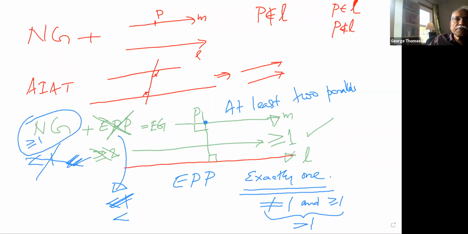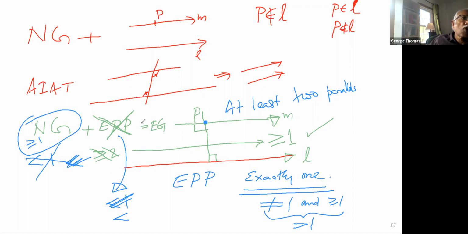Are you with me? I will show to you that you can draw 2 parallels. In fact, you can draw 3 parallels or 30 parallels or an infinite number of parallels.